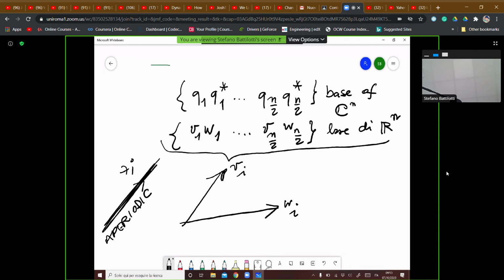Exactly the plane spanned by the real and imaginary part of an eigenvector associated to the eigenvalue mi.